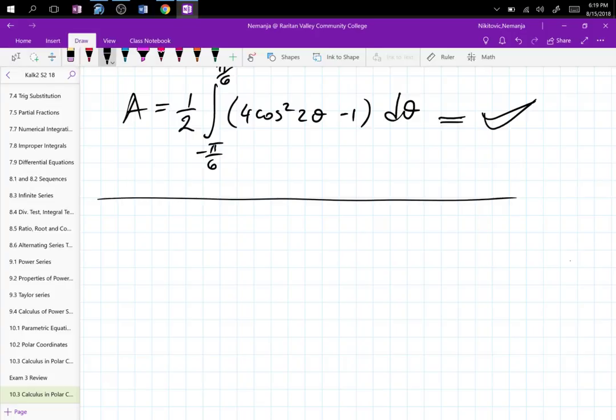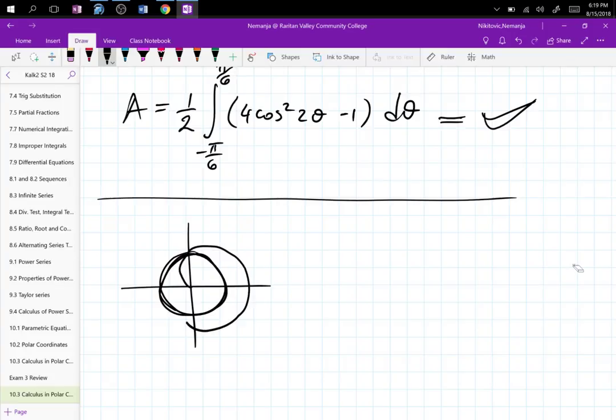So, the way they have this is there's a circle sitting at the origin, and then they have a cardioid that wraps around.